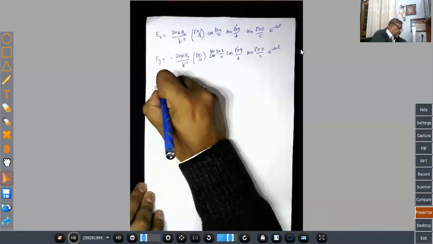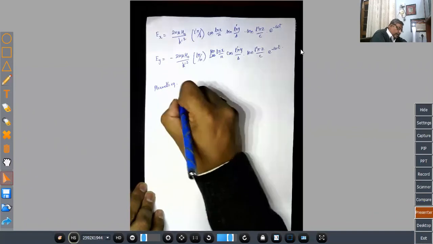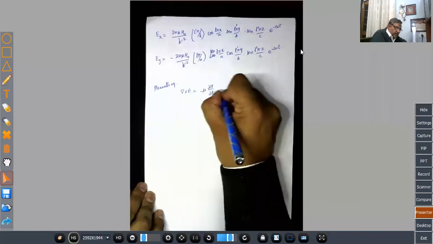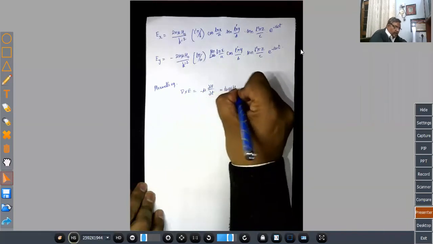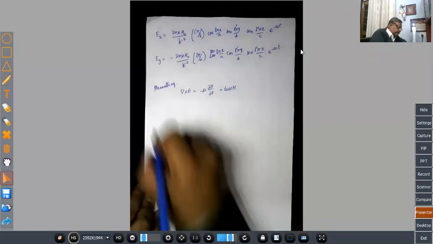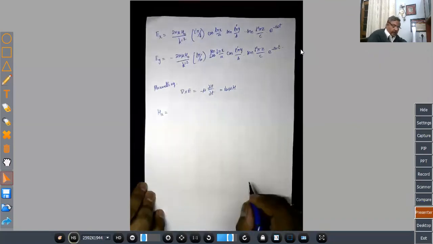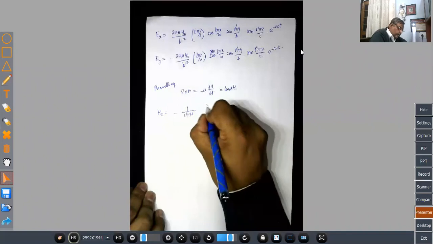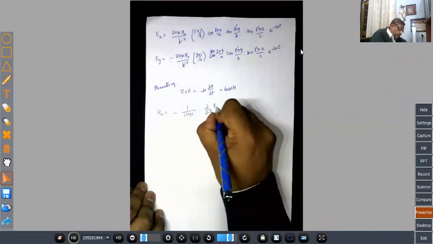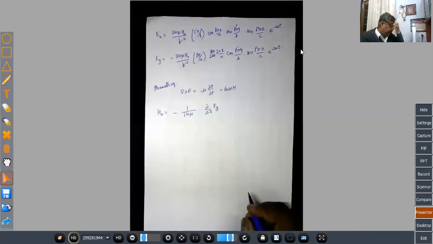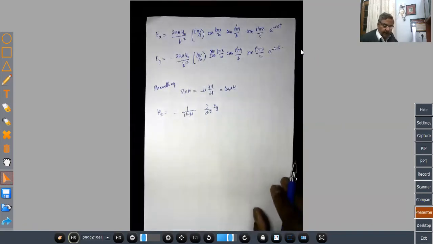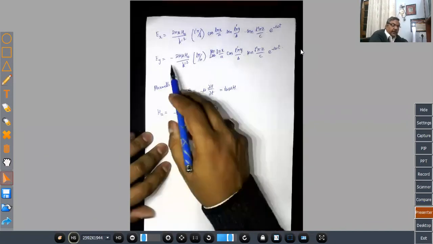Now from Maxwell's equation, del cross E is equal to minus mu del H by del t. From this equation, the z and x component of this equation. Now I will substitute the value of Ey from this equation.